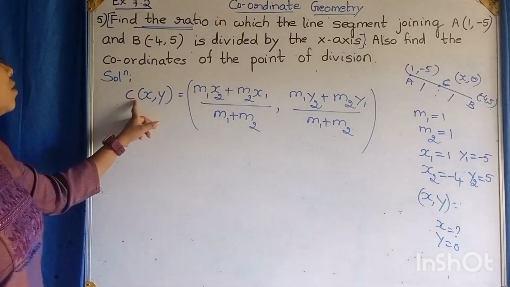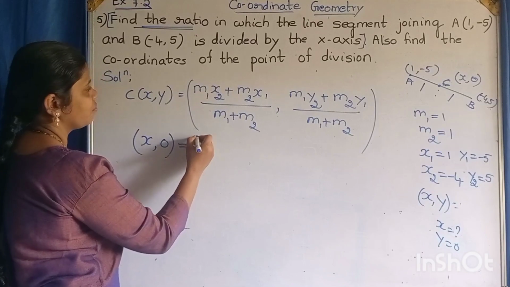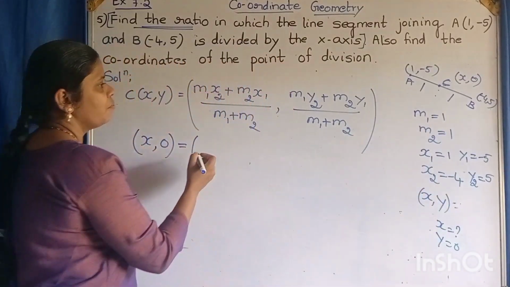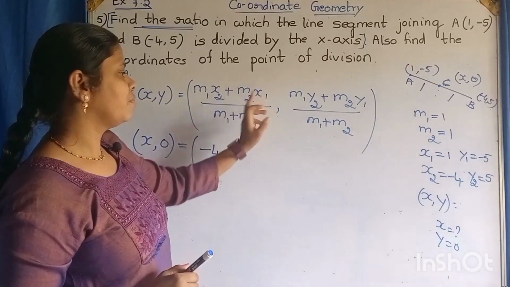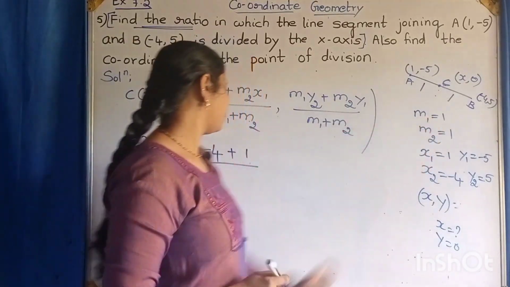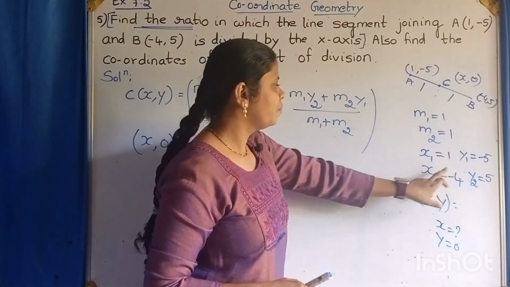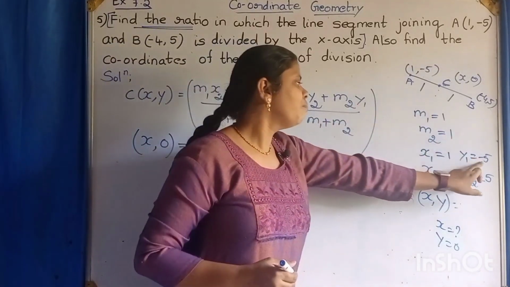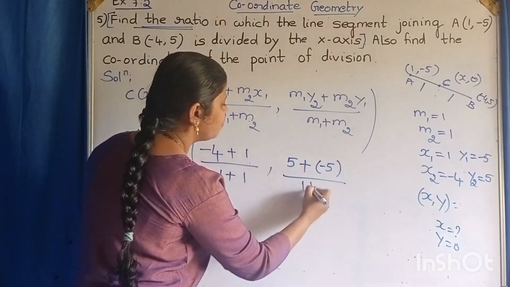Okay, now C of xy, we know that is x, 0, isn't it? x comma 0 is equal to m1 into x2, that is 1 into minus 4, therefore minus 4, plus m2 into x1, that is 1 into 1 is what? 1, divided by m1 plus m2, that is 1 plus 1, comma m1 into y2, that is 1 into 5, that is 5, plus m2 into y1, 1 into minus 5, that is minus 5, isn't it? m1 plus m2 is 1 plus 1.